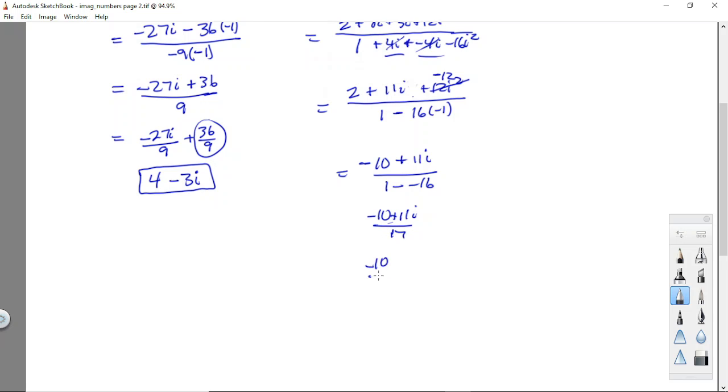So we have negative 10 over 17, and then we have plus 11i over 17. Okay? So that's just a matter of writing each of those over that denominator. Splitting it up into two fractions, so to speak. Negative 10 over 17 plus 11i over 17.